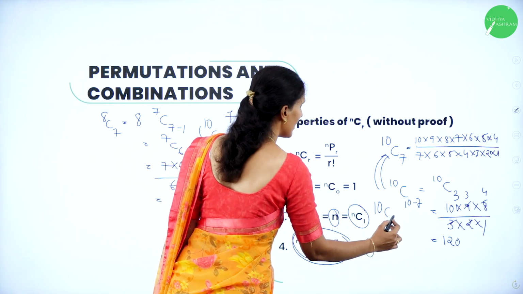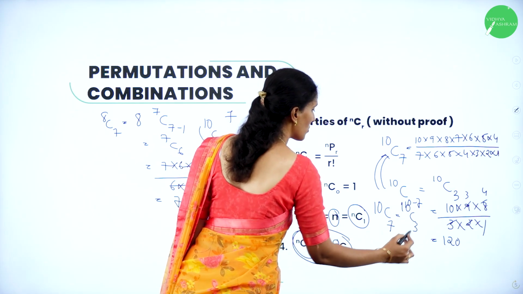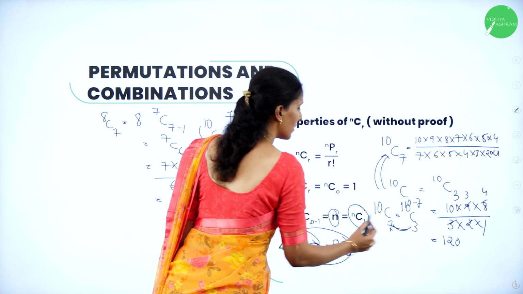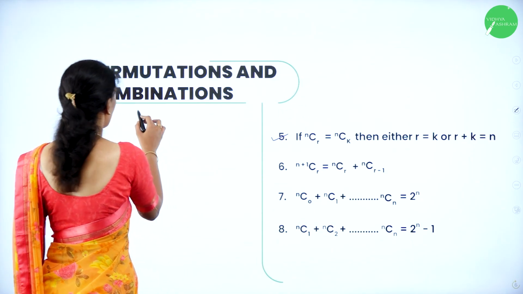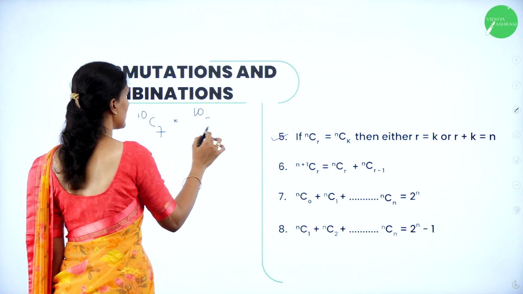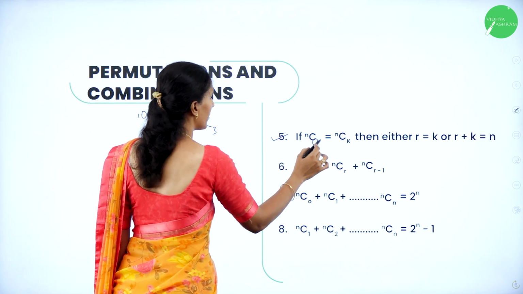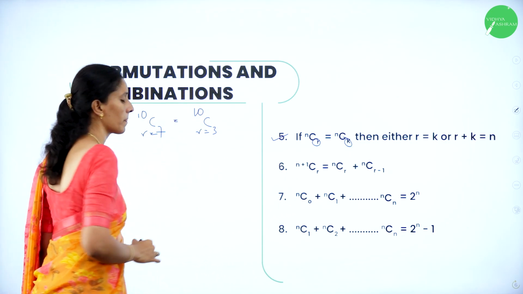Look here, 10C7 is also 120, 10C3 is also 120. But here, r is different. 10C7 is the same as 10C3, but r is different here. So here r is 7 and here r is 3.